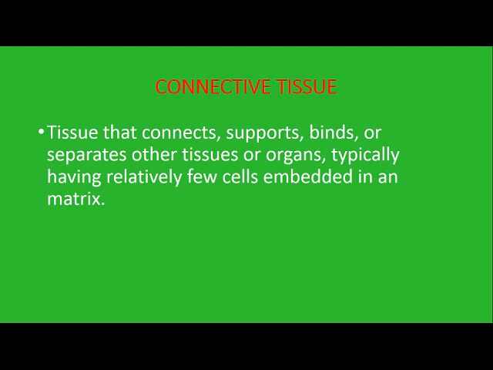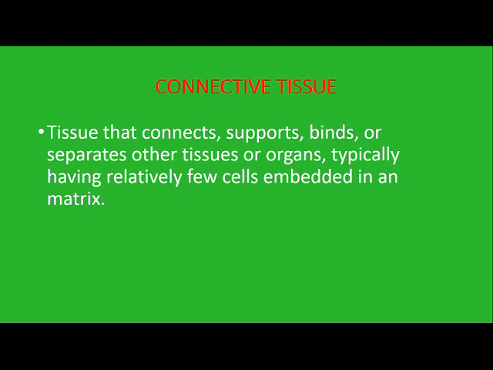Connective tissue cells are not present in large amounts, children. They are comparatively less in number and they are embedded in a matrix. Now what is meant by matrix? Now children, in my lesson number 2 I taught you about the solutions, solute and the solvent.